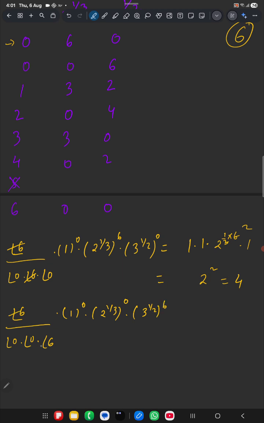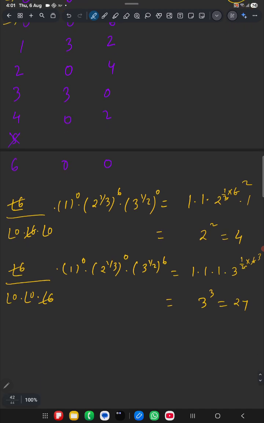So in this way also, 6 and 6 will get cancelled. Factorial 0 will give you 1. 1 power 0 is 1. 2 1 by 3 power 0 is 1. This will give you 3 1 by 2 into 6, 2 3 are. So you are getting 3 power 3, that is 27. Now this is over.